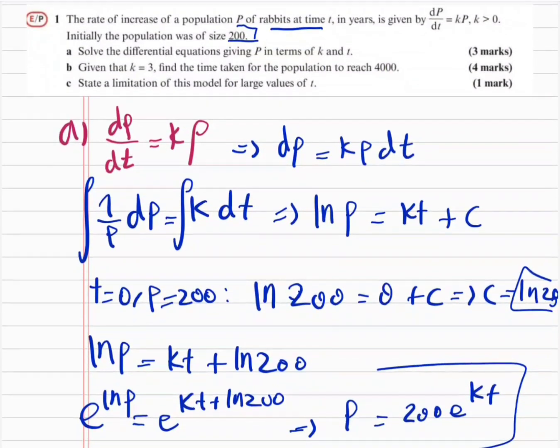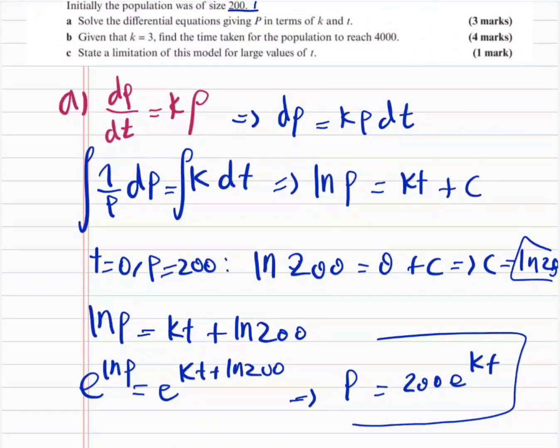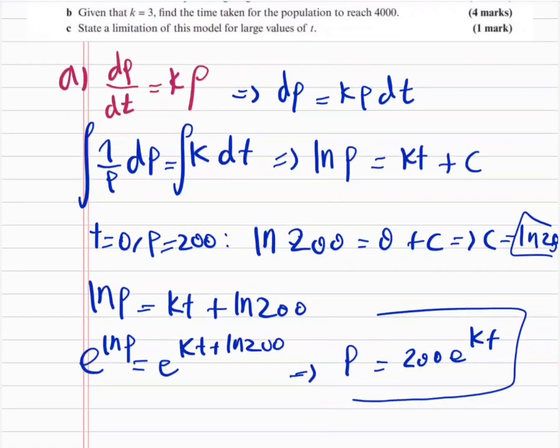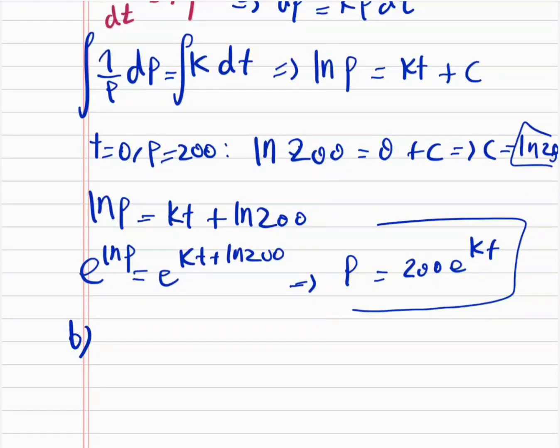Right, in part B, the value of k is equal to 3, and we want to find the time taken for the population to reach 4,000. So for part B, we first substitute the value of k, which is 3, so it becomes P = 200e^(3t).